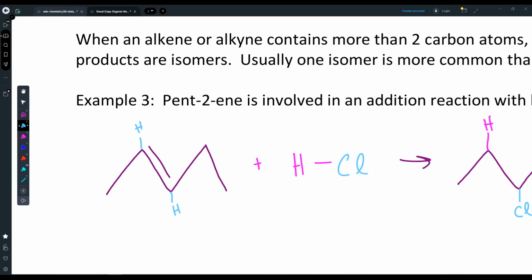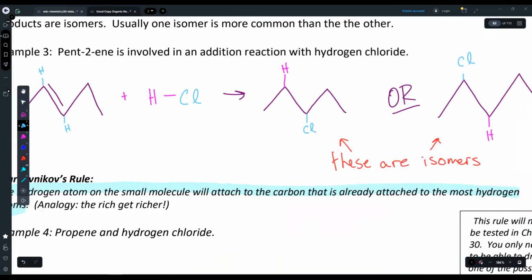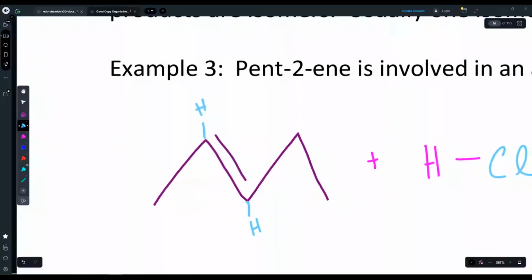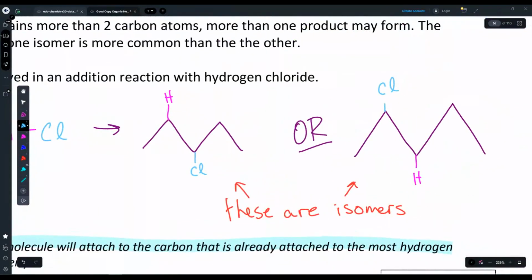So when hydrogen chloride was added, essentially it didn't matter which atom hydrogen attached to, based off of Markovnikov's rule, because neither of these carbons are more hydrogen rich than the other. Okay, so for the information that we have in Chem 30, both of these products are equally possible to get as a result from this reaction.